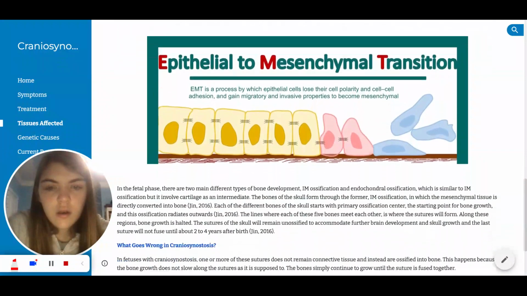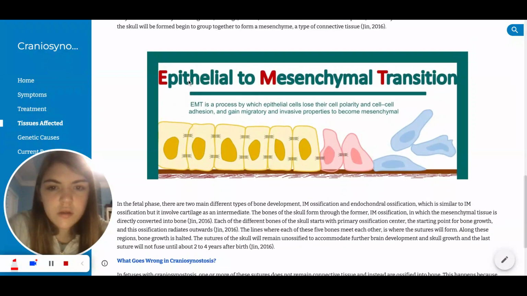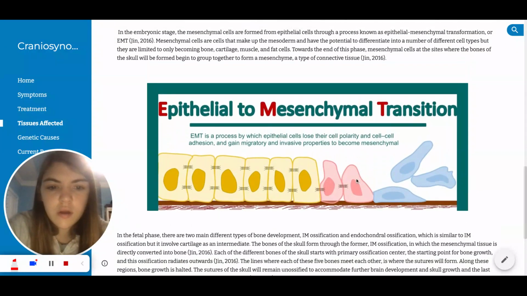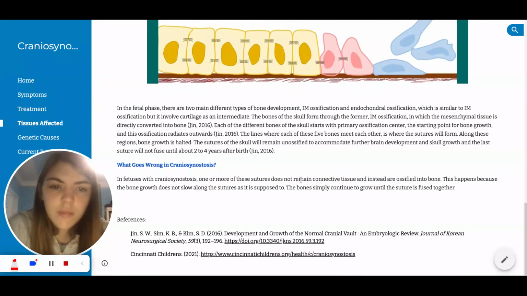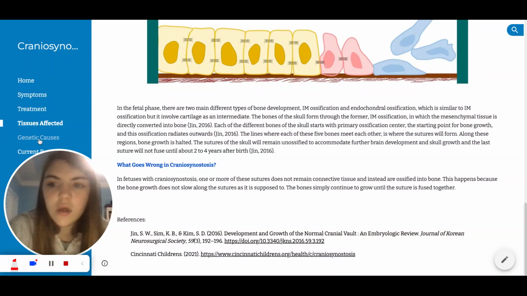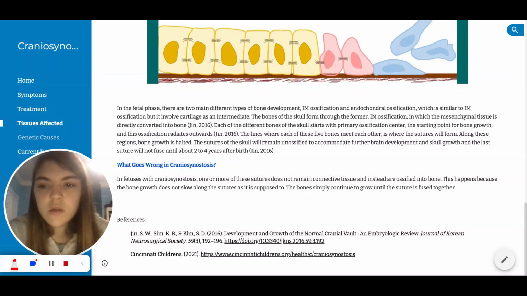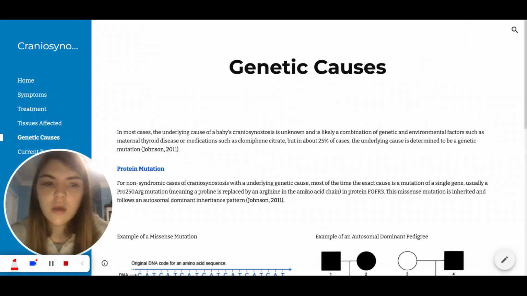Then I included this graphic because I didn't really know how to explain EMT quickly, so I thought it was helpful to show what was happening. After I explained all the development, I said what's different in craniosynostosis compared to normal development, very quickly, because I go more into it on the next page, which is genetic causes.